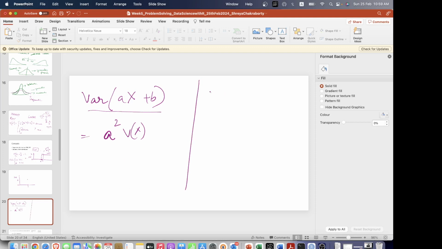But expectation of ax plus b is a times expectation of x plus b.